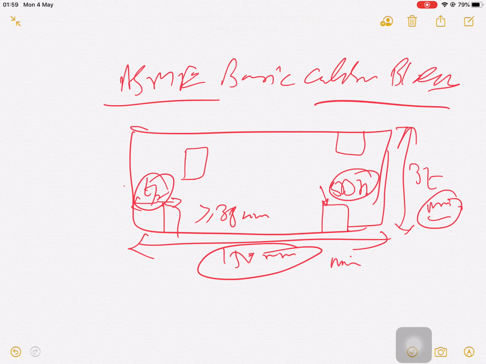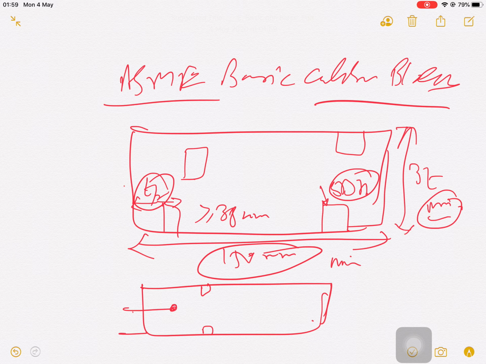If you take the notches, these are the optional notches.